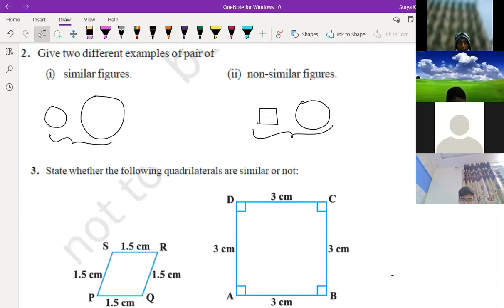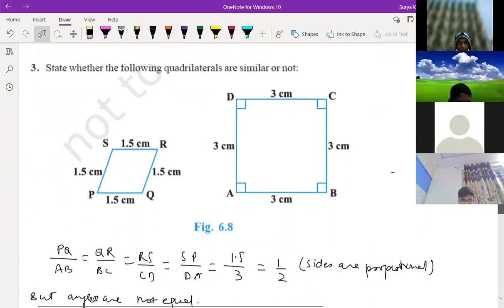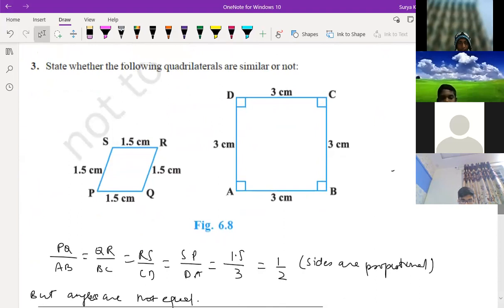So the next one is question number three. State whether the following quadrilaterals are similar or not. So similar means what, children? You should see the angles also, right? Similar means it looks the same at least, no?